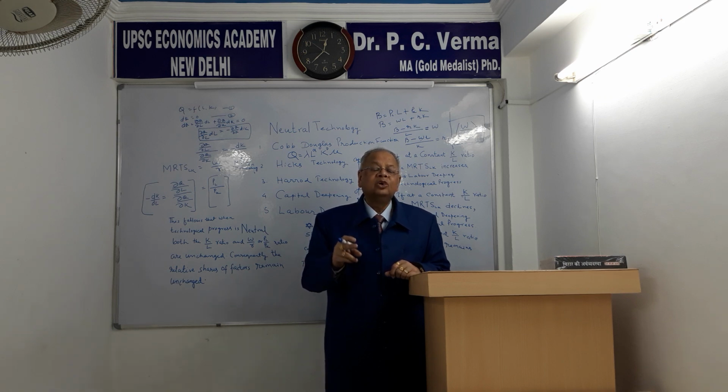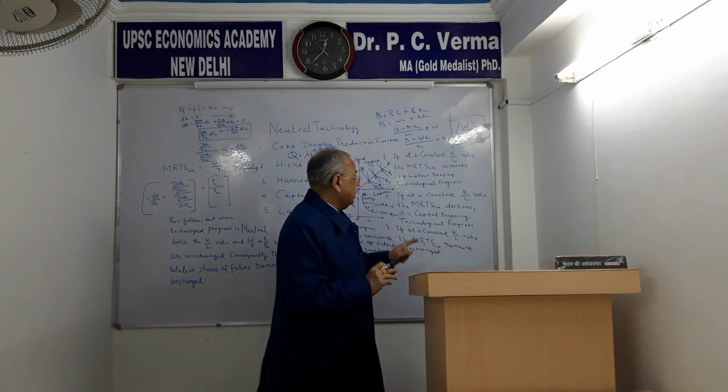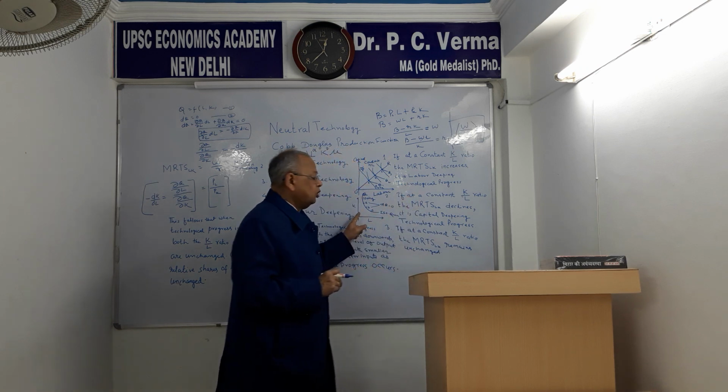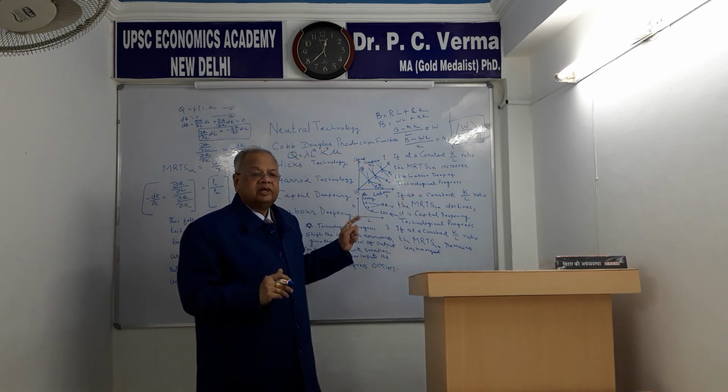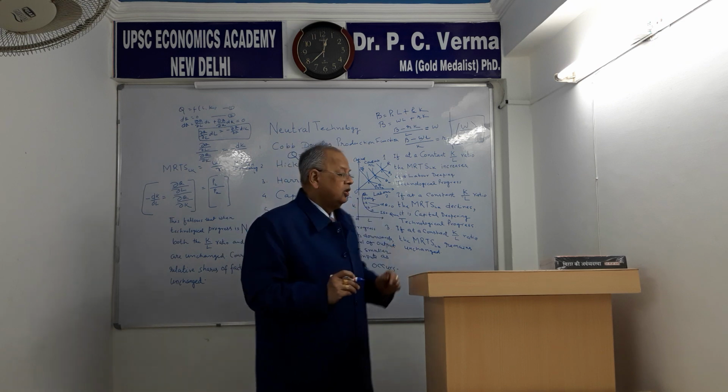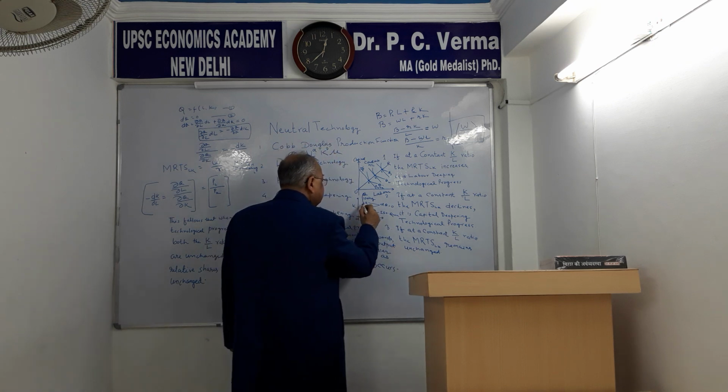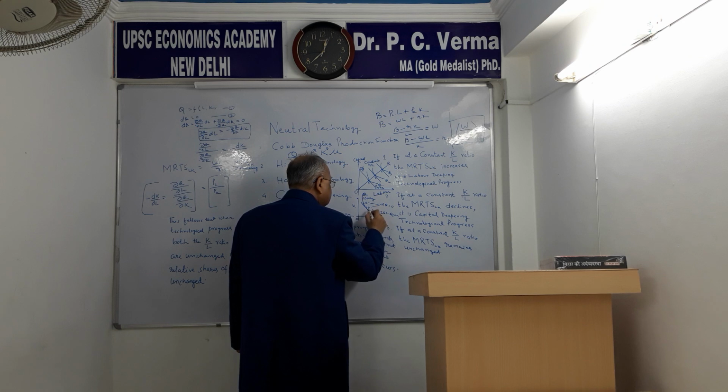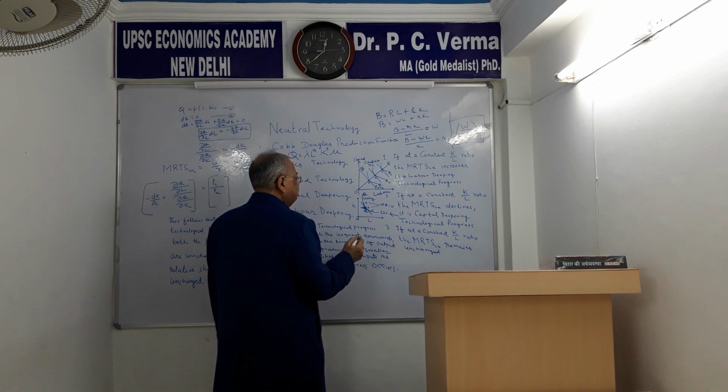Isoquant curve is also negatively sloped, as we see here, negative slope. And what is this? This is minus dK by dL.